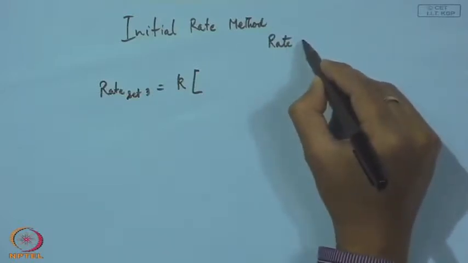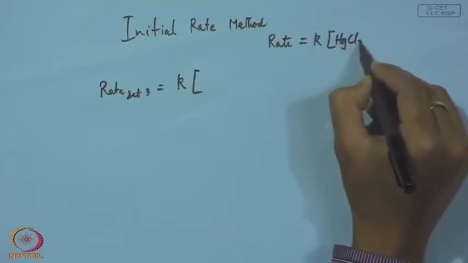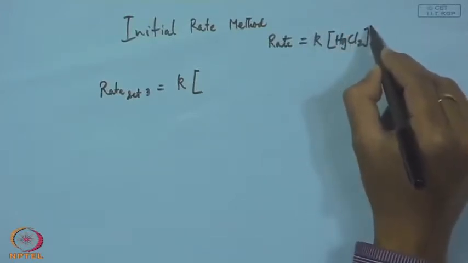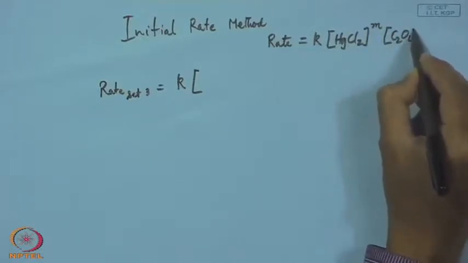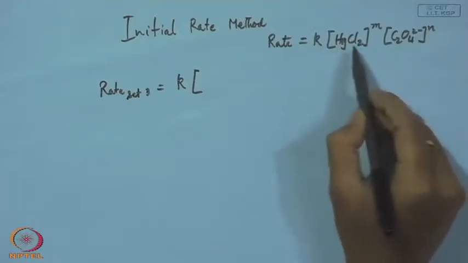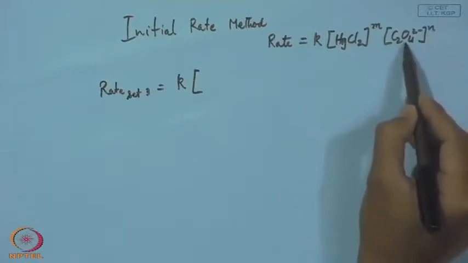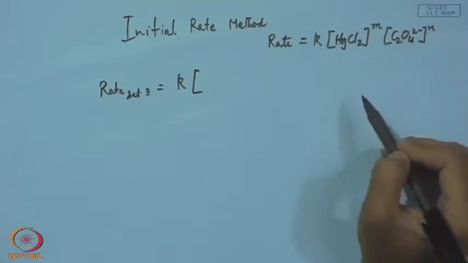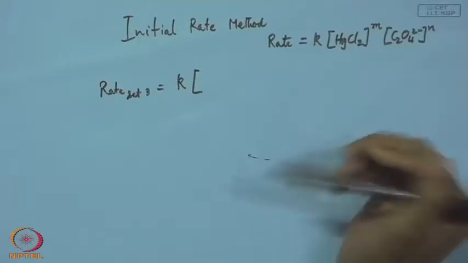So we have to write it like this: rate is equal to K into [HgCl2] to the power m and [C2O4 2-] to the power n. That means the reaction is mth order with respect to mercuric chloride and nth order with respect to oxalate.